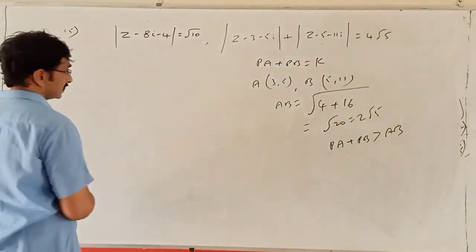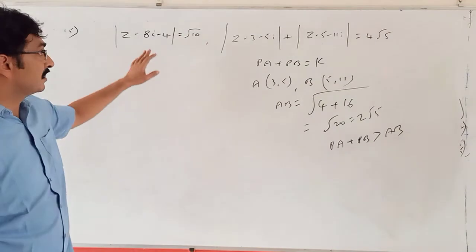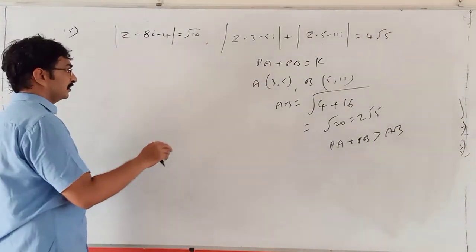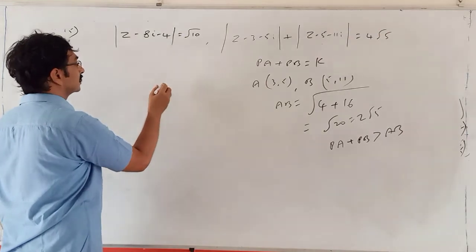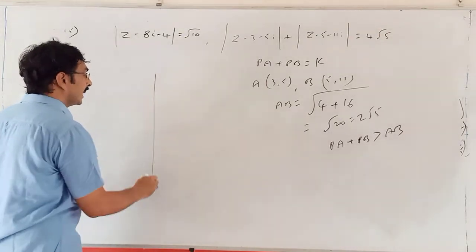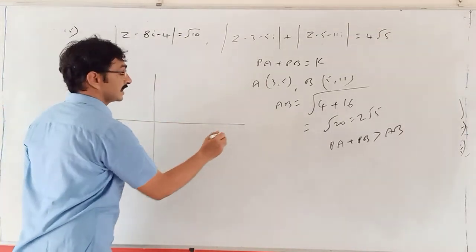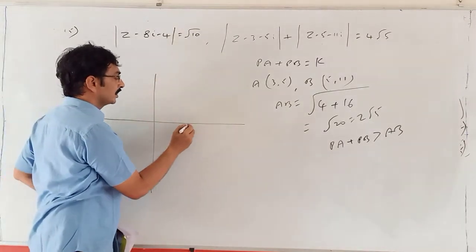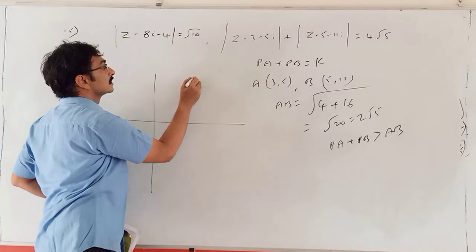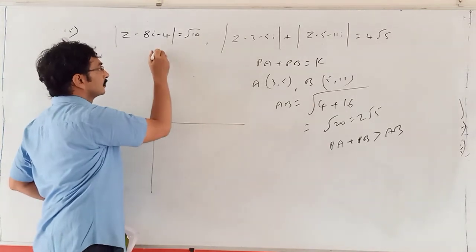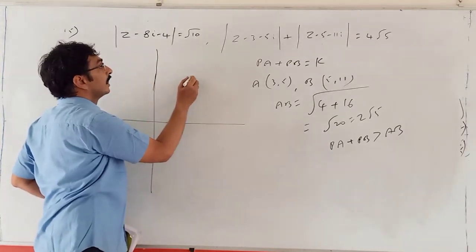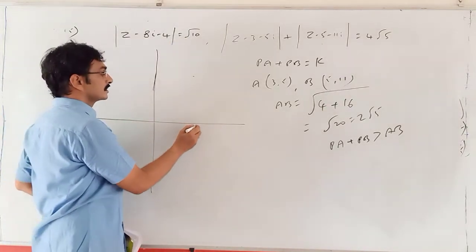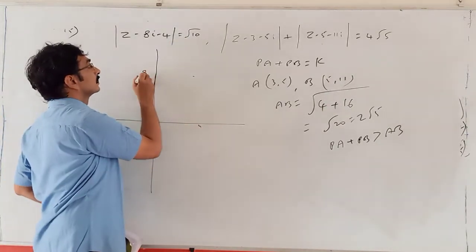Now required is the number of points of intersection of this circle and that ellipse, which we can obtain by sketching both curves on the x-axis and y-axis. So the center is 4,8: 4 units, 8 units here. Center of the circle and radius of the circle. This is 4, this is 8.